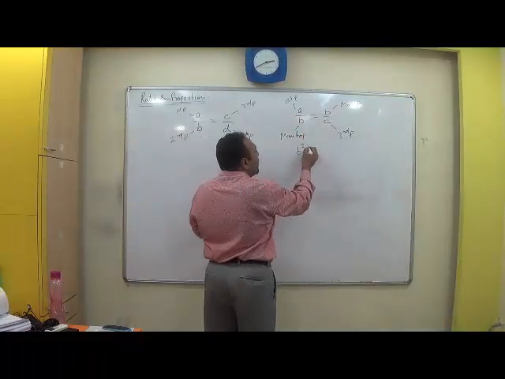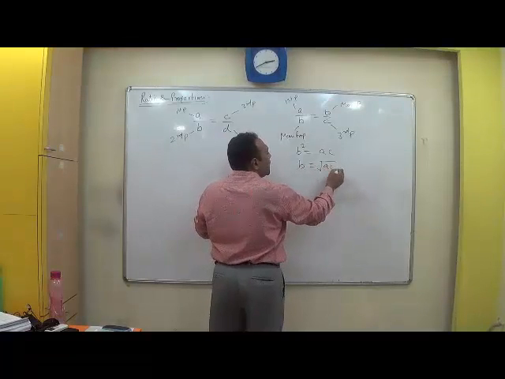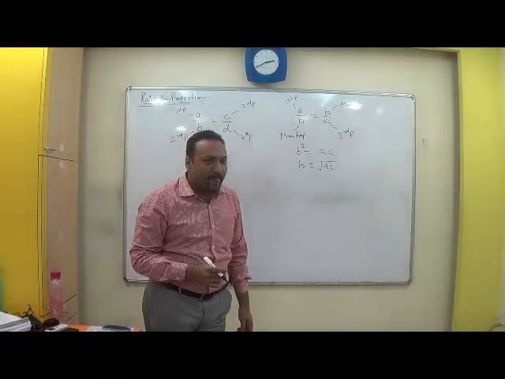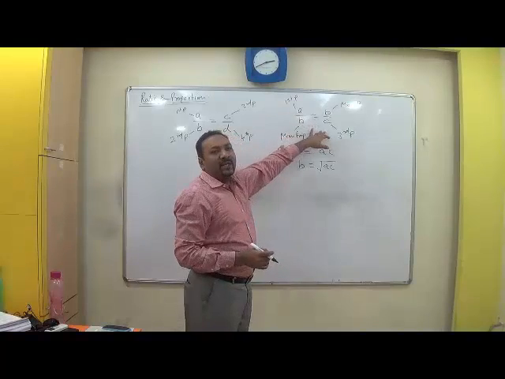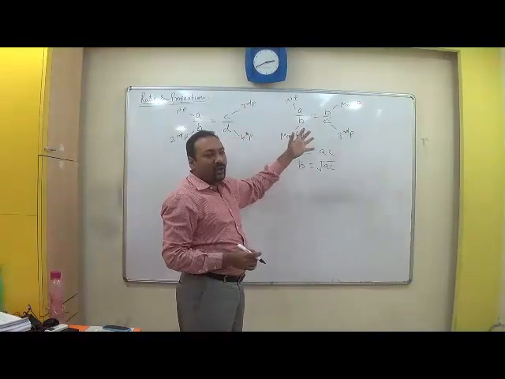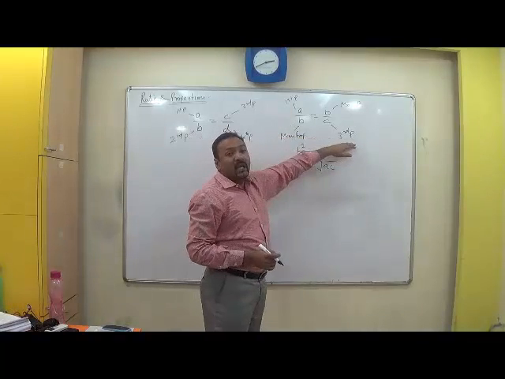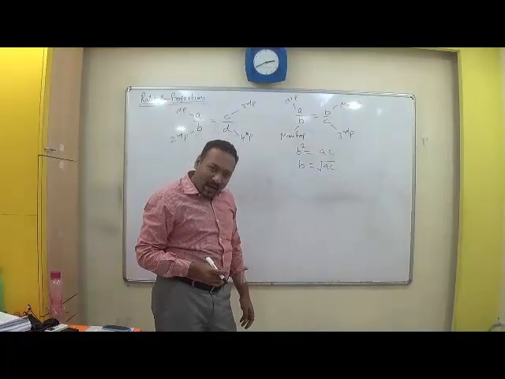Do you get B square is equal to AC? And do you get B is equal to root AC? So B is known as mean proportion. In this question, he will give you A and C and ask you to find out the mean proportion. Or he will give you first proportion and mean proportion, and ask you to find out the third proportion. These are the type of things which he may ask you.